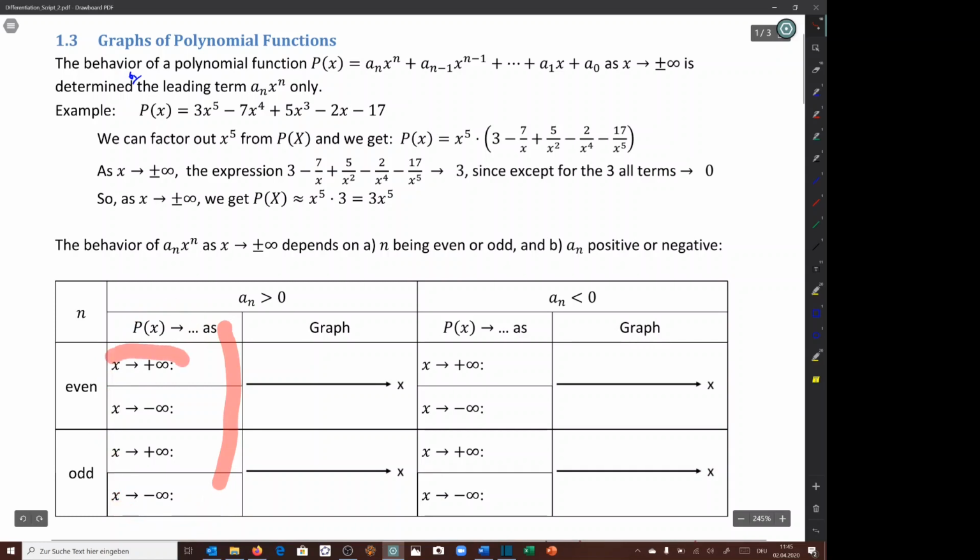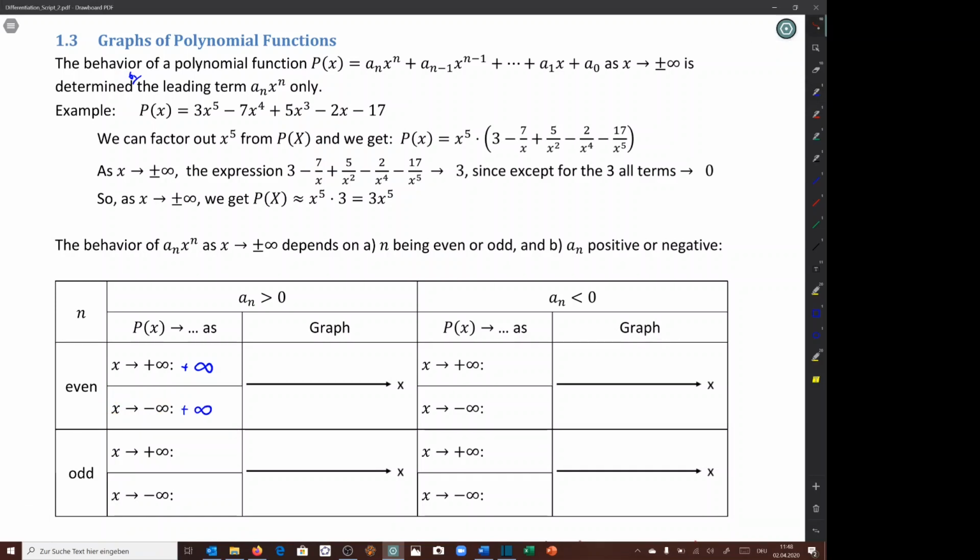For example, in this case here, when x goes to plus infinity, n is even and a_n is larger than 0. Well, think for a moment. The result is plus infinity. What happens if x goes to minus infinity? The result is again plus infinity.